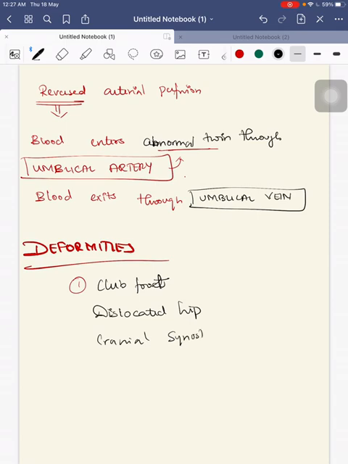Okay. The next most important complication, which will be asked as a separate question, is twin to twin transfusion syndrome. This one I will discuss as a separate topic. Okay. So this is about the multiple pregnancy.